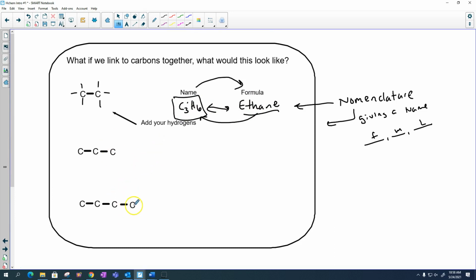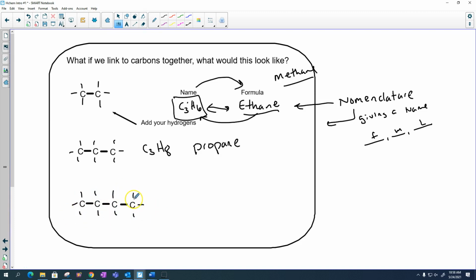Now again, for the rest of these guys, you should pause the video and have your hydrogens added, if not already. Alright, 1, 2, 3, 4, 5, 6, 7, 8. I like to count them as I go. C3H8 is the formula, and this is called propane. Kind of similar, and we just had methane in the last slide. This guy is 1, 2, 3, 4, 5, 6, 7, 8, 9, 10.